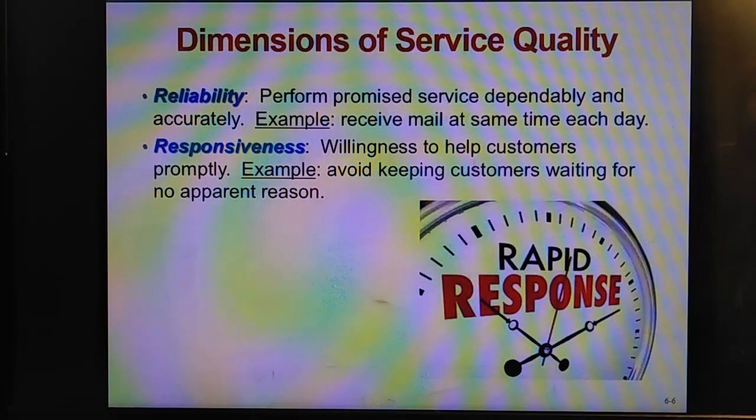The second dimension of service quality is being responsive. Responsive means that the service provider is willing to give extra help timely and promptly to the customer. Customer can always expect good support or help from the service provider.